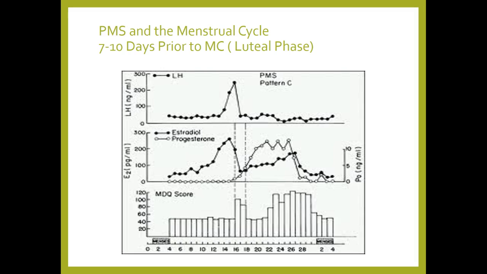It happens after ovulation, and it disappears with the decrease of both of those. The PMS will disappear after the decrease of those high hormones, right? Estrogen and progesterone. Once they drop off and the cycle begins, symptoms of PMS should be relieved.